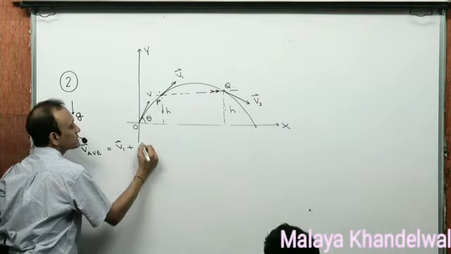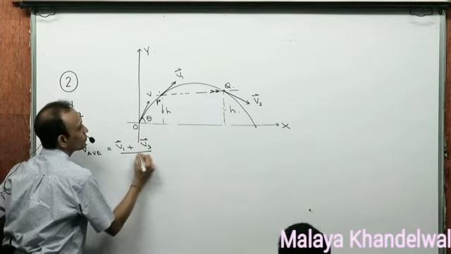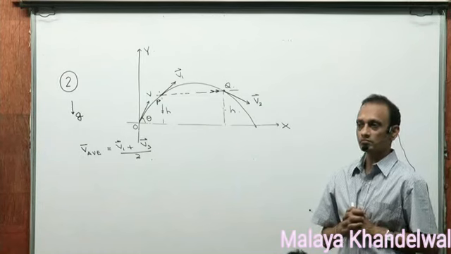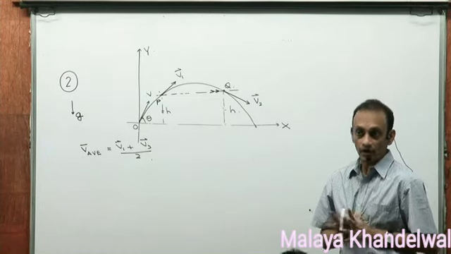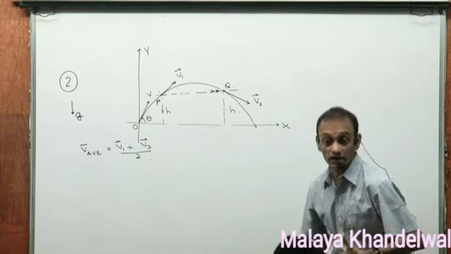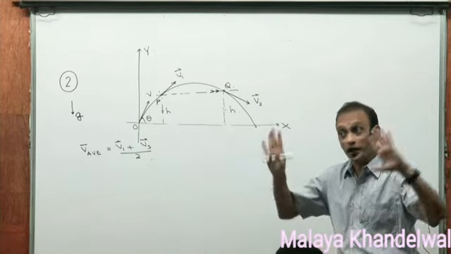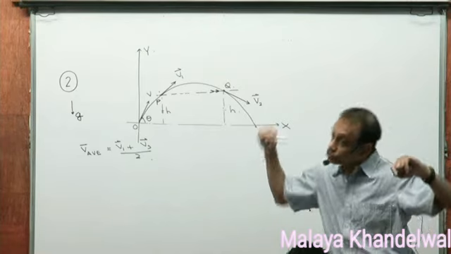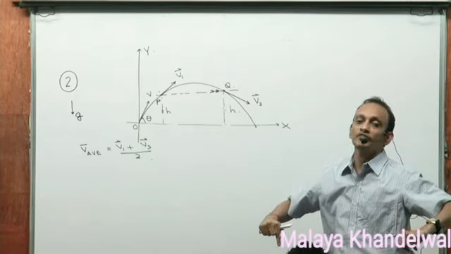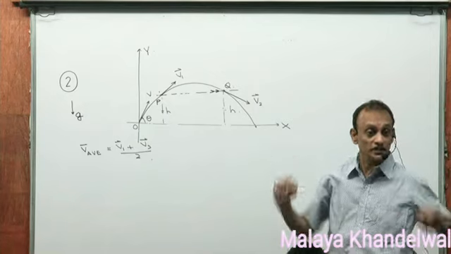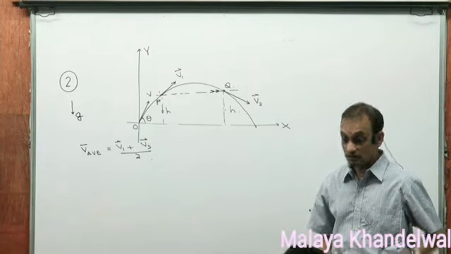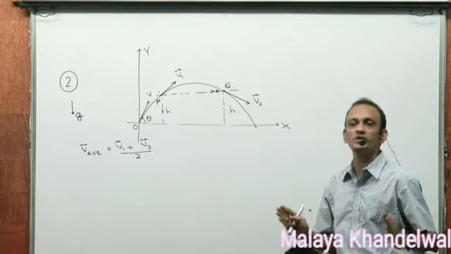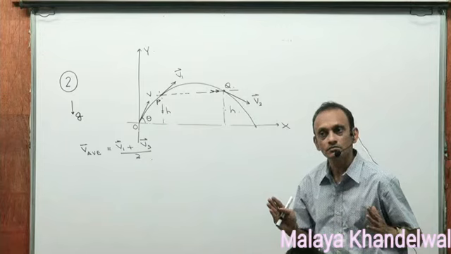V1 plus V2 by 2. I have told you, not in all cases, but in constant acceleration, the average velocity can also be obtained using velocity at the beginning of the interval plus velocity at the end of the interval by 2. But that's not the definition of average velocity. Definition of average velocity is total displacement by total time.